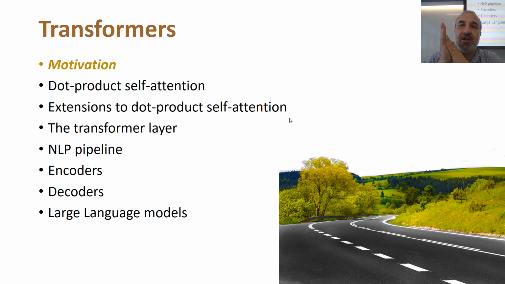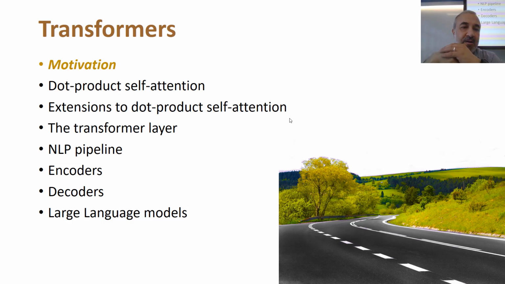Okay, so in this session we'll start with motivation: why we need a specific architecture to handle text. Then we will talk about the core idea or core technology behind transformers, which is called dot product self-attention. We will get into details there.